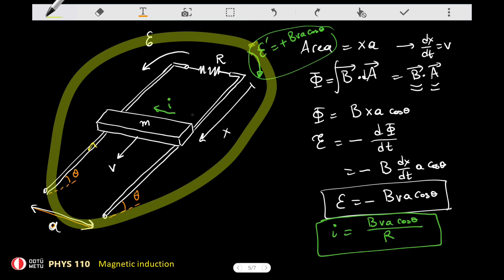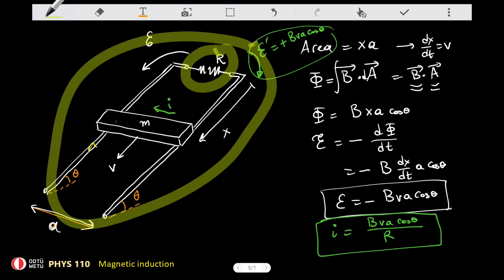So the power of energy transferred by gravity is equal to the power of energy dissipated on the resistor. So it appears that in that case, the magnetic force again doesn't do any work.